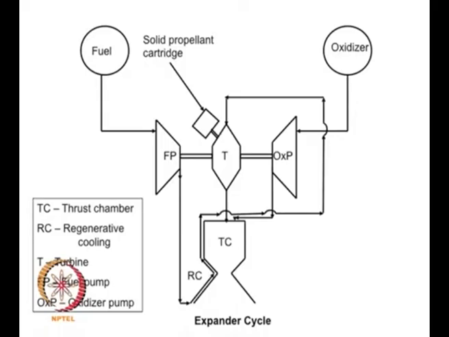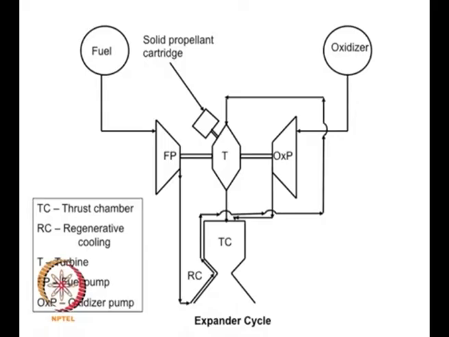So if you have a low thrust engine, then you can use this and expand it through the turbine, and then feed it back into the thrust chamber. So it is just expansion of this heated hydrogen, only with hydrogen this can work.